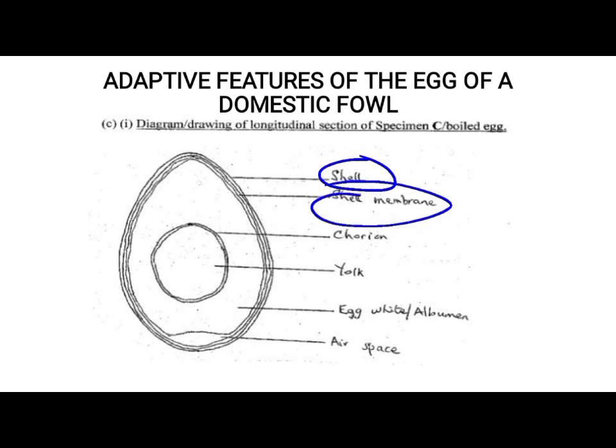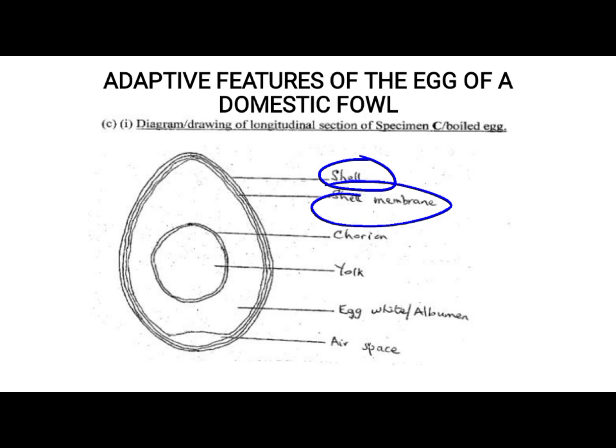Okay, so the shell basically is for gaseous exchange, and it provides shelter and protects the embryo against mechanical damage, while the shell membrane also provides a moist gaseous exchange surface for the cell, and also for protection.